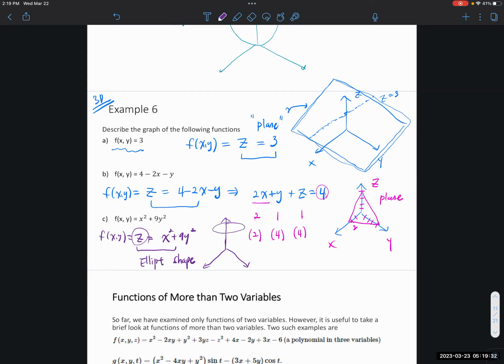As x, y increase, z is getting increased as well, so they're getting wider as x, y increases. So this is the shape, something you can imagine. Ellipse.